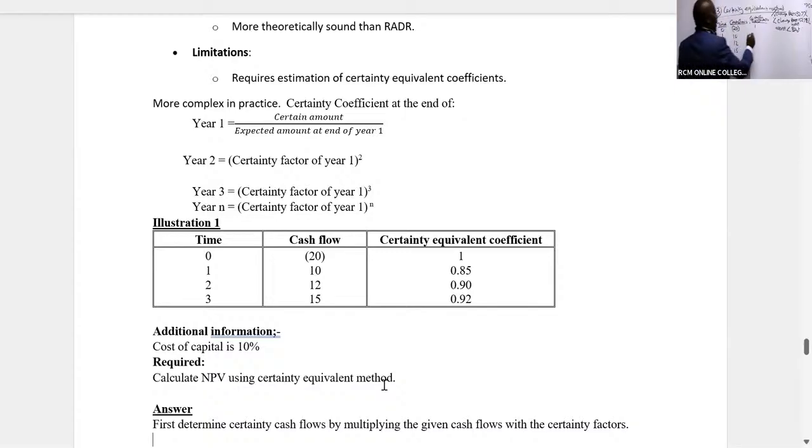Second year is 0.85. Third year is 0.9, and then 0.92. So first of all, you copy up to there. That is the first thing that you do. You simply copy the table the way it is.